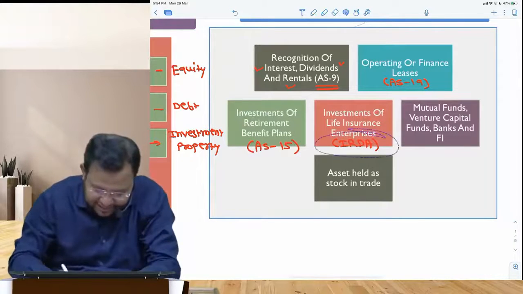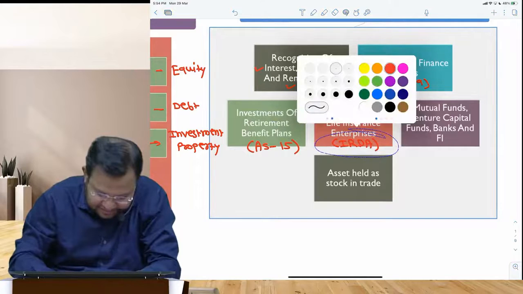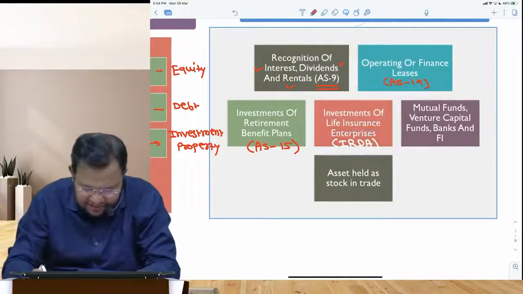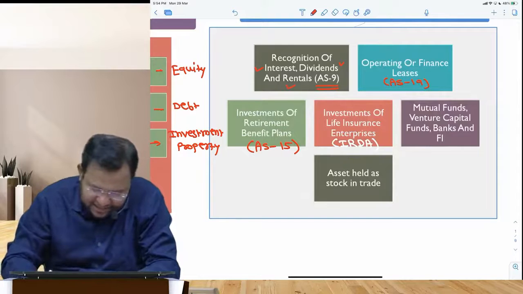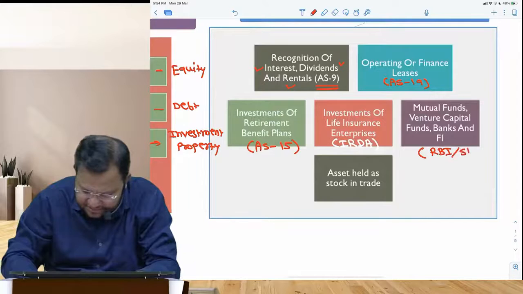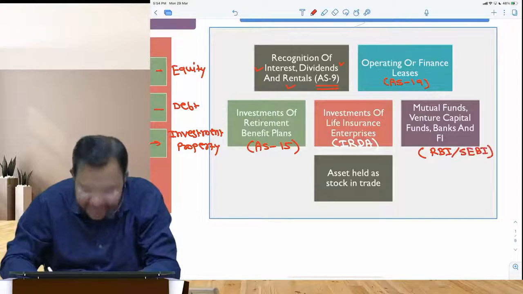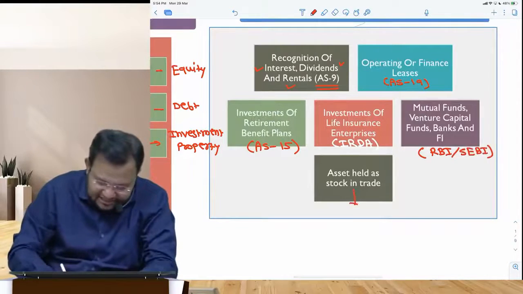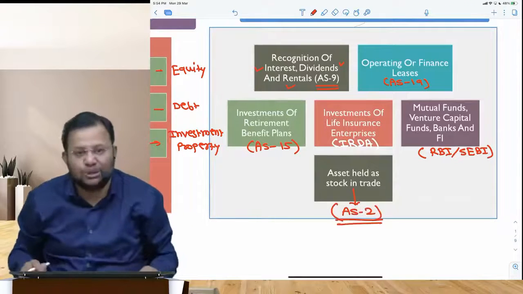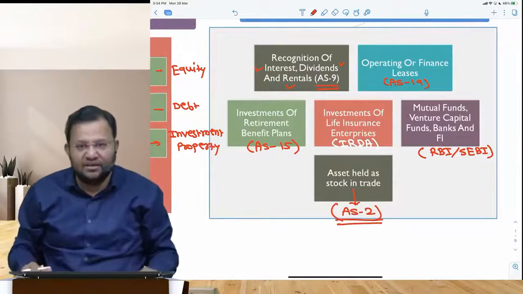Mutual funds, venture capital funds, or banks and financial institutions are governed by RBI or SEBI guidelines. They are not covered by AS 13. Assets held as stock in trade are covered by accounting standard 2, which deals with inventory valuation.